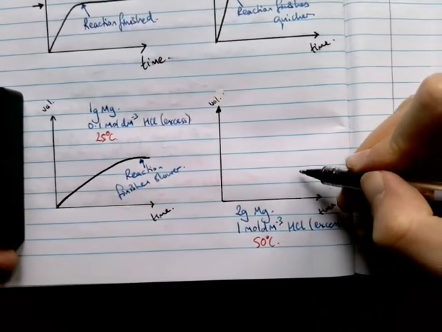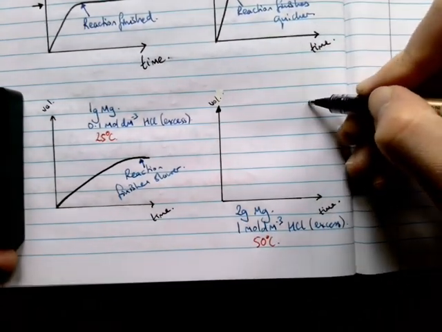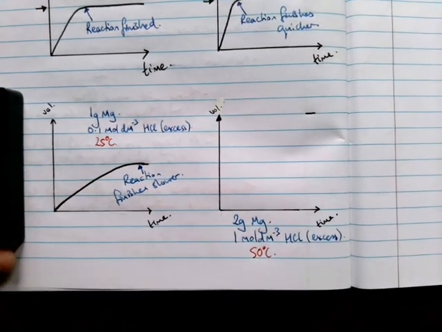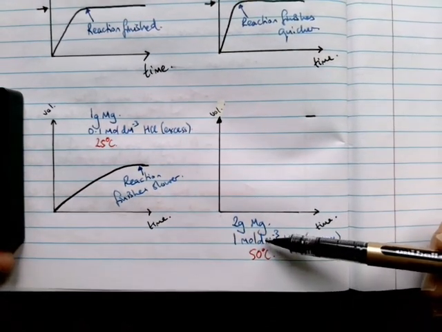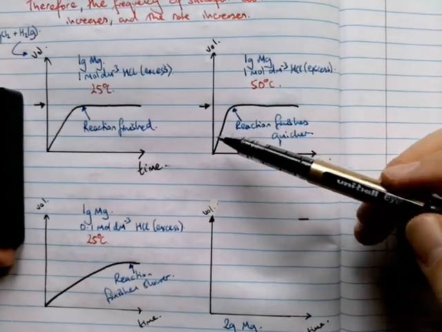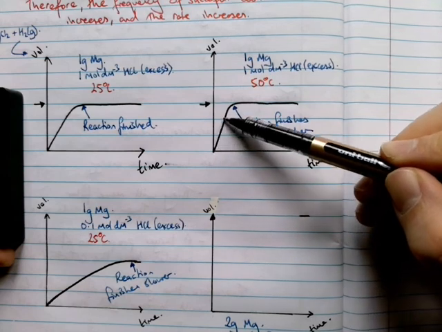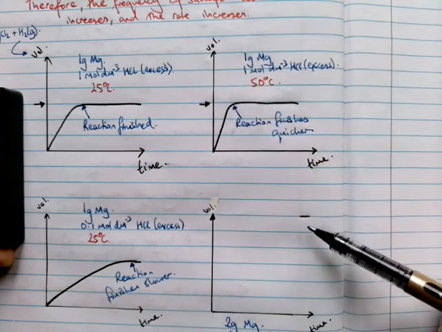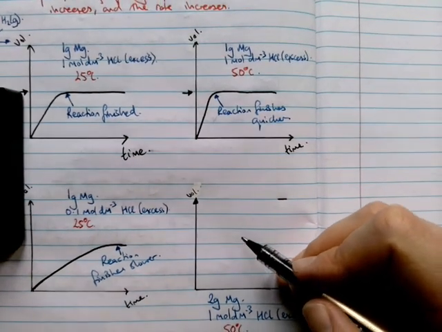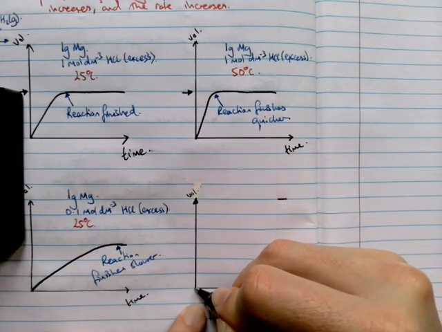So down here I'm going to have 1, 2, 3, 4, 5, 6 lines of hydrogen gas. So it's going to end up here. But other than that, the concentration is the same, the temperature is the same, as up here. So I would expect the rate to be the same until I get up to here. So you should have something that looks like this.